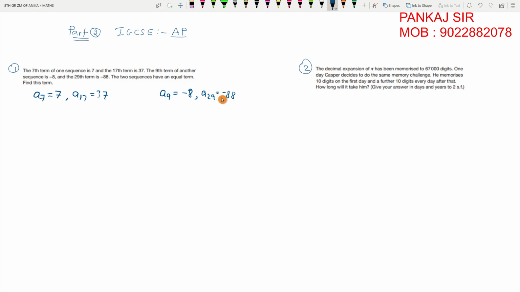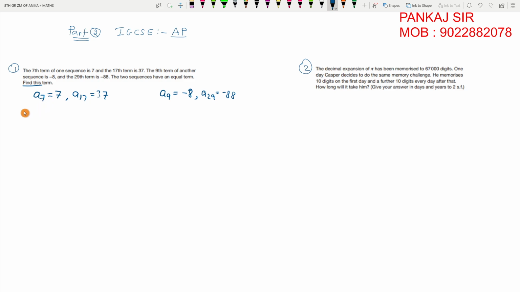Now this is the piece of information we have with us, and they have asked us to find out what the two sequences have an equal term. Find this term. So these two sequences have a term which is equal, which is the same, and that is the term that we are supposed to find out. Okay, so going by this question, let us start answering this.